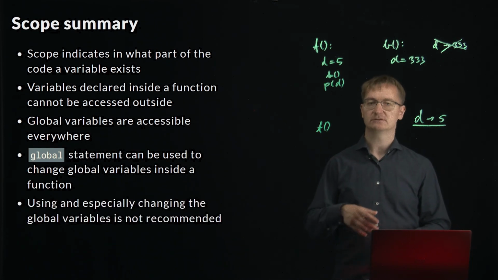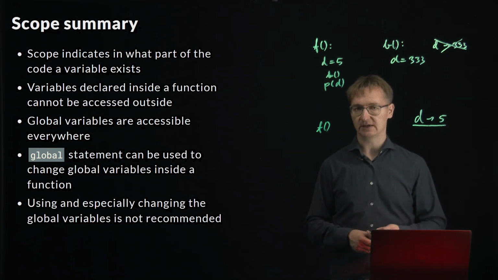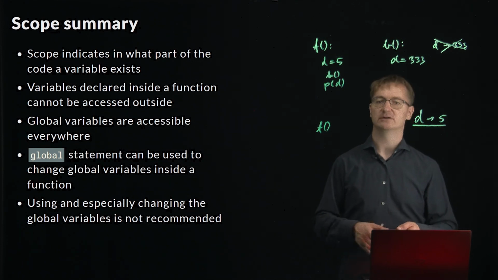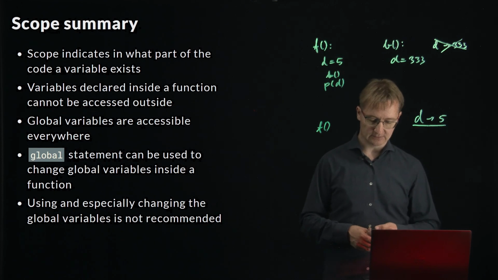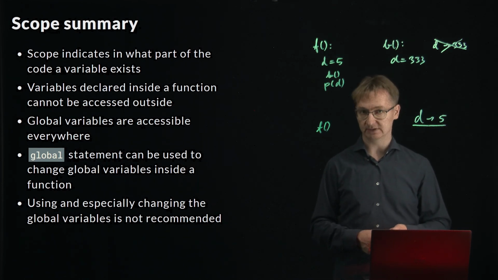But this is not recommended. This often makes your code break, and then you can have outcomes which you don't expect. Using, and especially changing, global variables is not recommended.